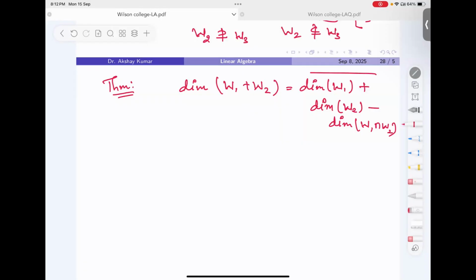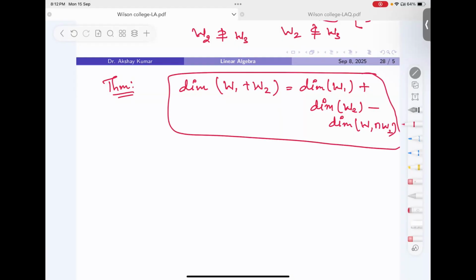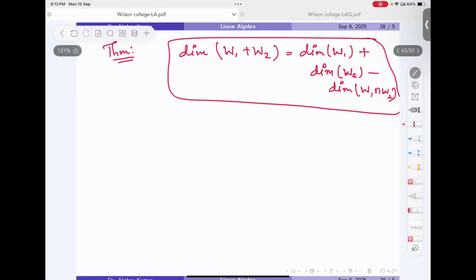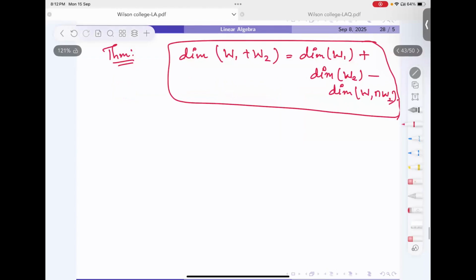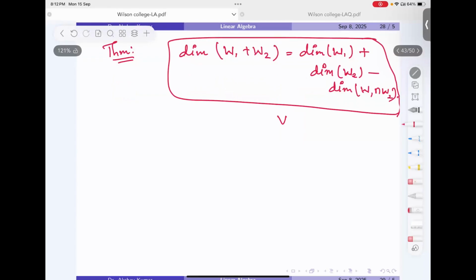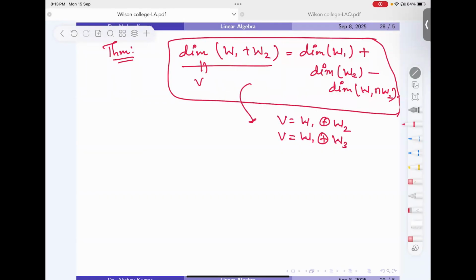We are doing this only for finite dimensional spaces. So if V equals W1 direct sum W2 and W1 direct sum W3, by this you can prove that the dimension of V is the same in both cases, W1 is the same, and the intersection is 0 in both cases.